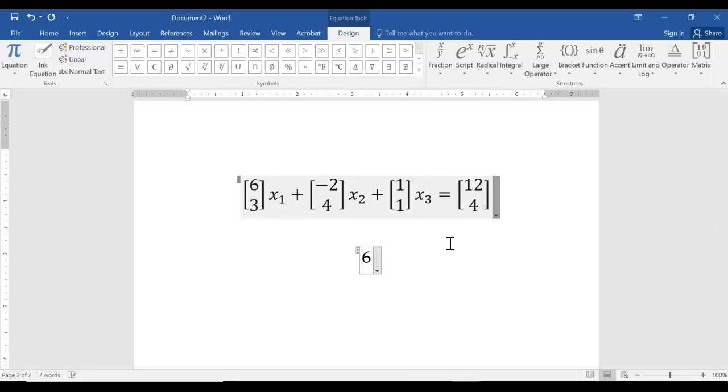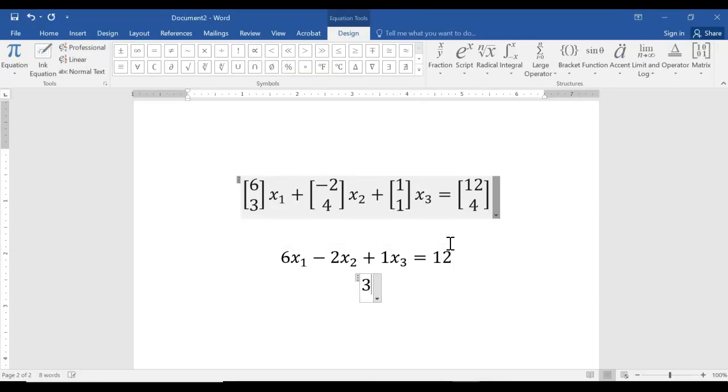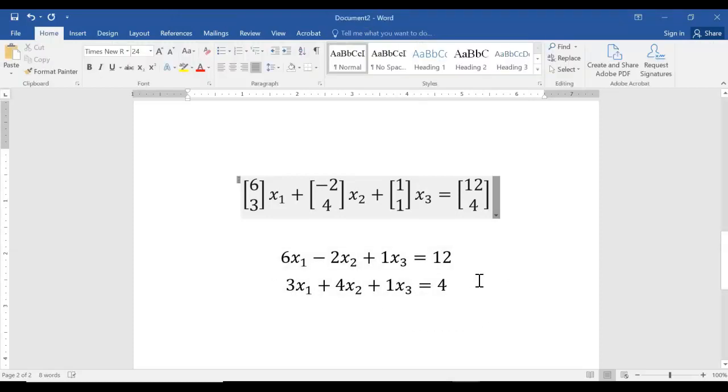So as a linear equation, 6x1 minus 2x2 plus 1x3 equals 12. That's my first linear equation. My second linear equation that I'm going to get is 3x1 plus 4x2 plus 1x3 equaling 4. All right, so there's my system of linear equations.